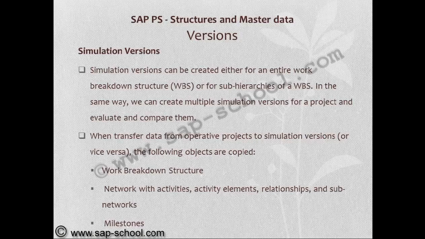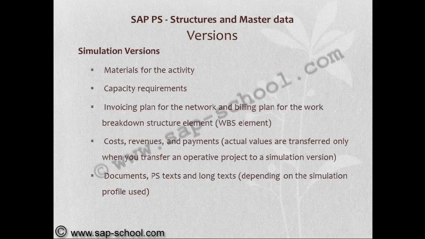When we transfer data from operative projects to simulation versions, the following objects are copied: work breakdown structure, network with activities, activity elements, relationships, and subnetworks, milestones, materials for the activity, capacity requirements, invoicing plan for the network, and billing plan for the work breakdown structure element. Costs, revenues, and payments.